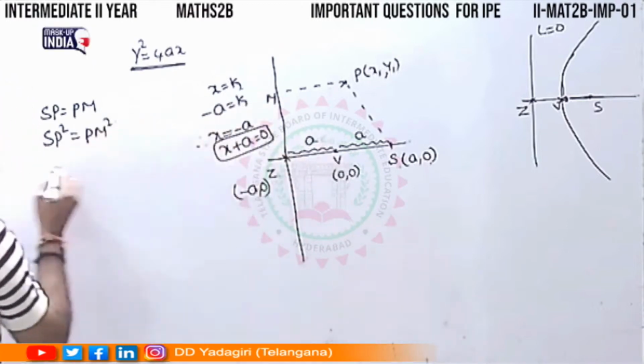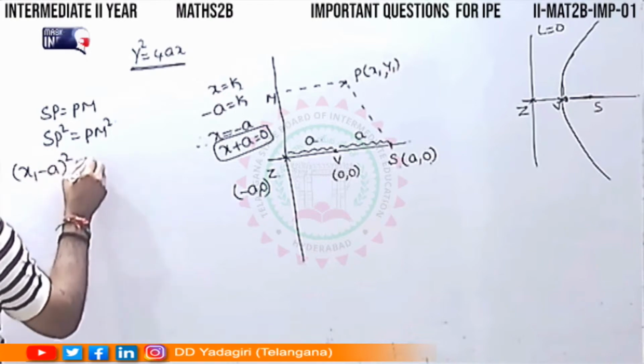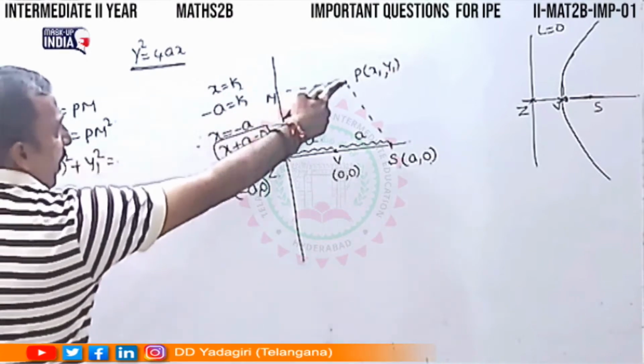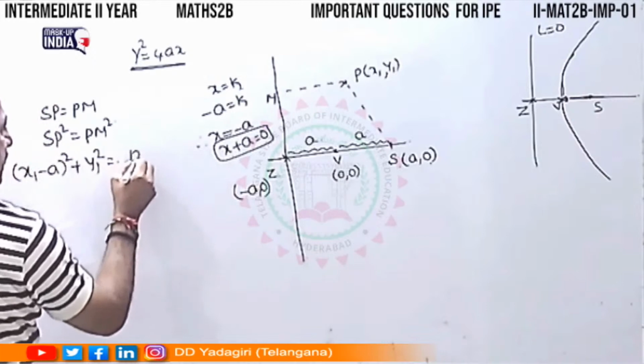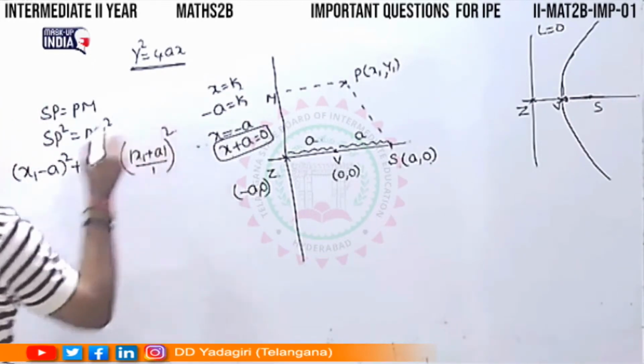SP square is (x1 minus a) whole square plus y1 square. PM is the perpendicular distance from the point to the line, mod of (x1 plus a) by 1, whole square.